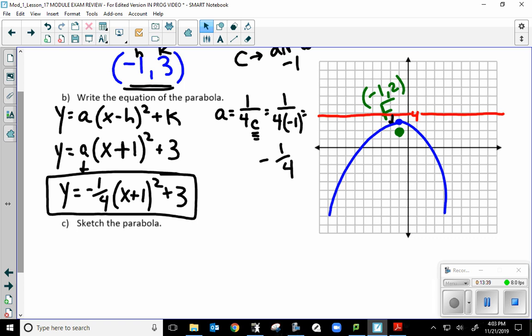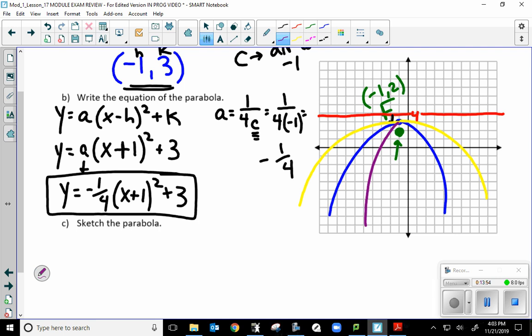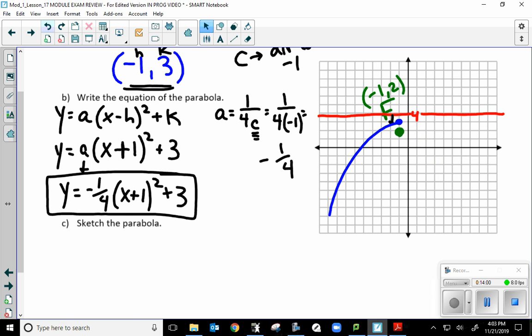My focus, this little point here, should always be inside the parabola. My question is, how wide should this parabola be? Should it be like I drew it in blue? Should it be wider, like this yellow one? Should it be more narrow, like this purple one? I got to figure out the width, and I'm going to do that right now.